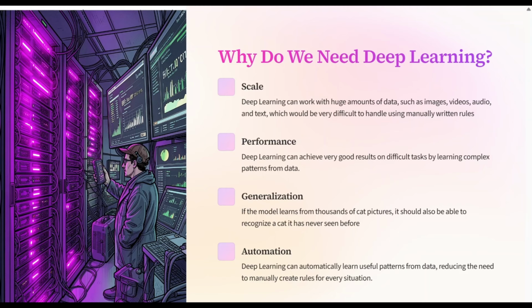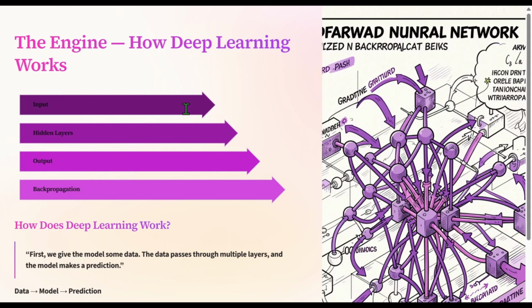The next question is, how does it actually learn? This is the working engine of deep learning, how it works. The first thing is input, next are the hidden layers, the output layer, and back propagation. How does deep learning work? First we give some data, and it passes through multiple layers.